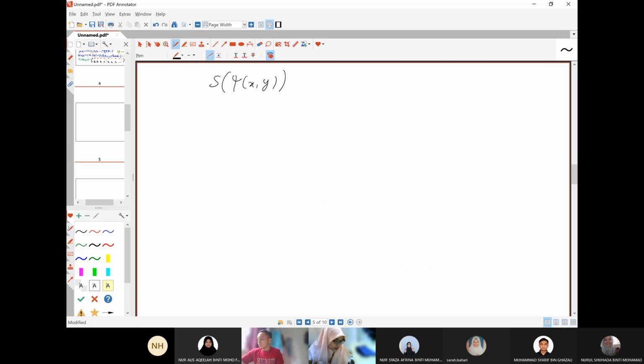So first kita kena cari psi xy. So psi xy tadi adalah again you will have 0, x1, x2, x3, and so on. And then the y coordinate you have 0, y1, y2, y3, and so on.